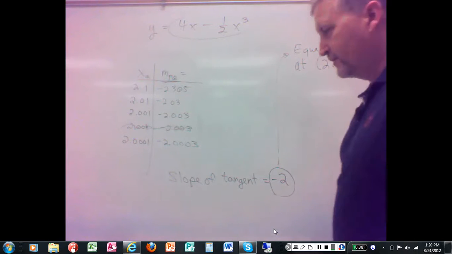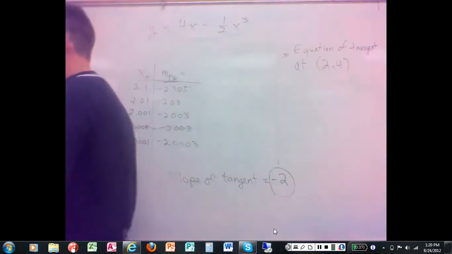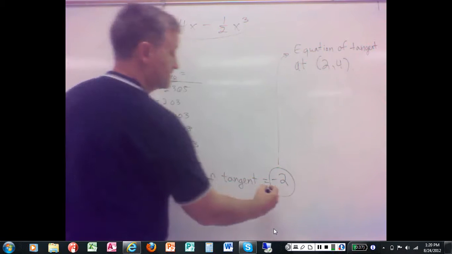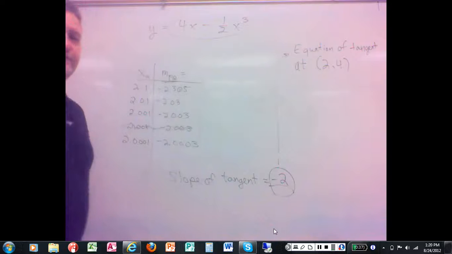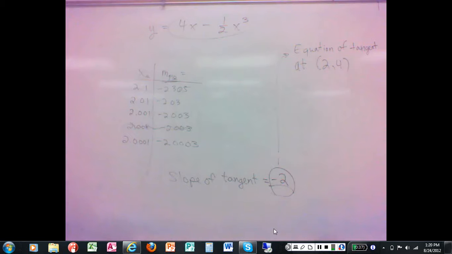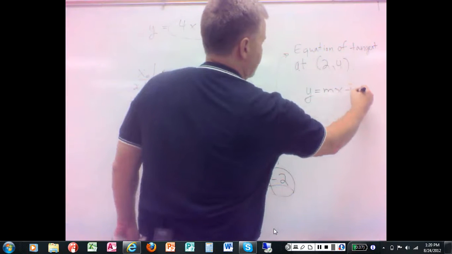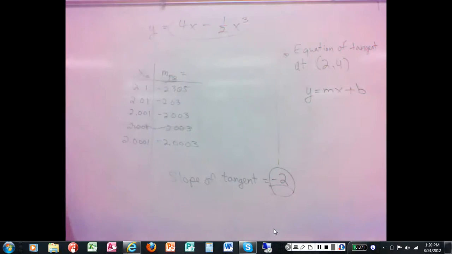Well, they'll want you to do this. I don't know if you have to do this on all of them, but let's actually get that equation of the tangent line. I now know that the slope of the tangent line is negative 2. So what would the actual equation of the tangent line be? I'm looking for the y equals mx plus b form of this line. If you like the point slope form, that's fine too.